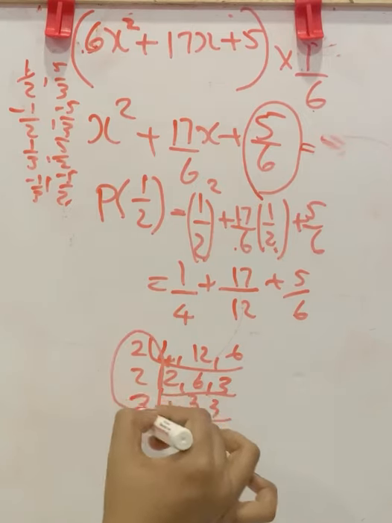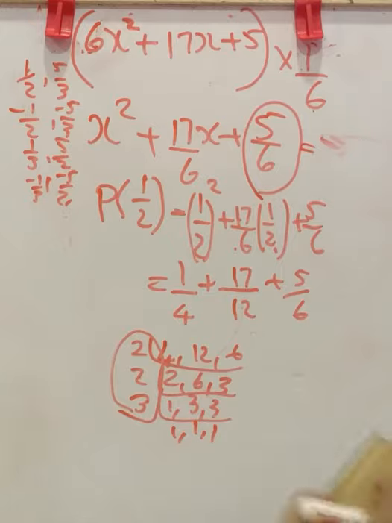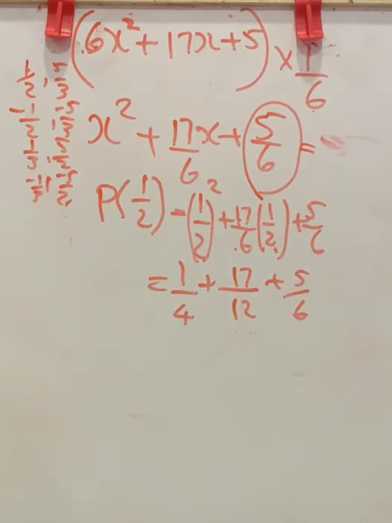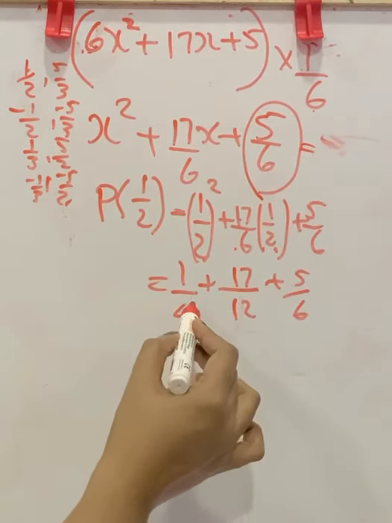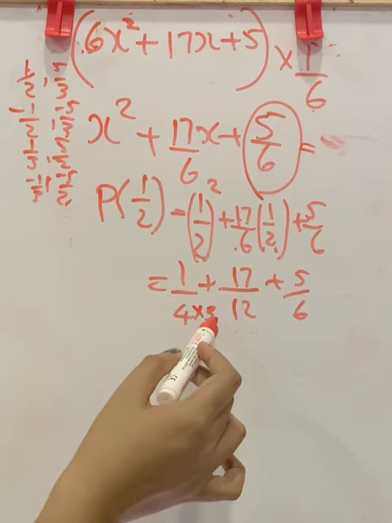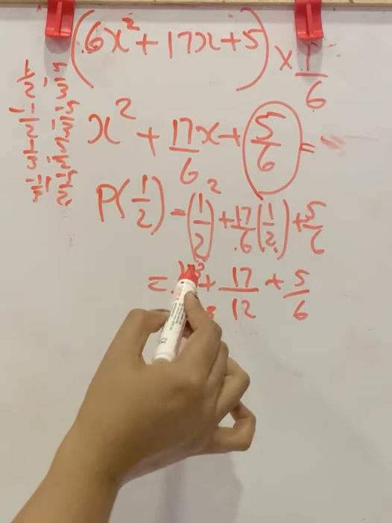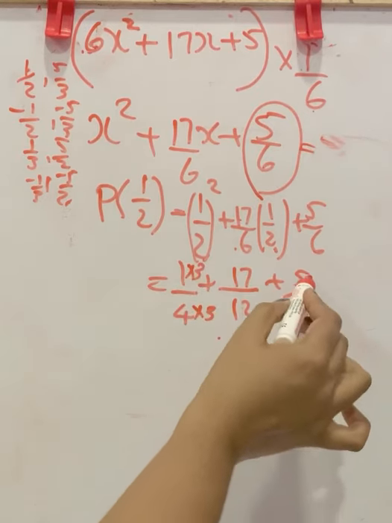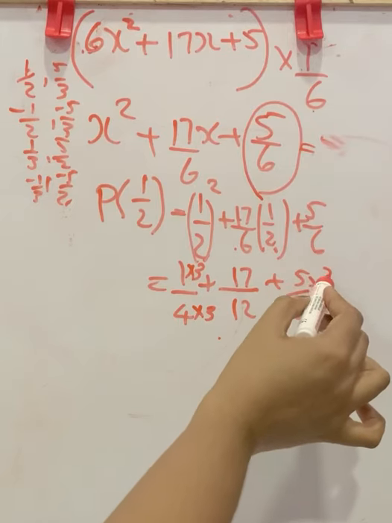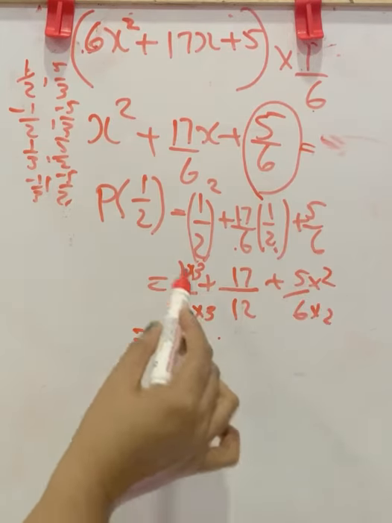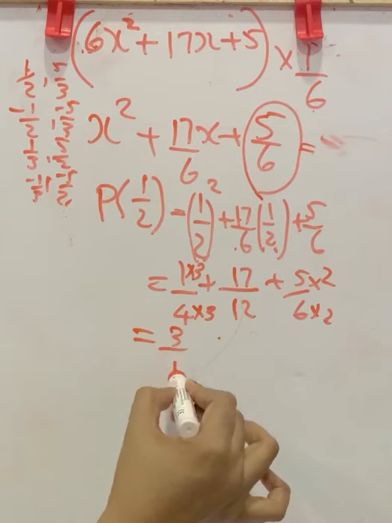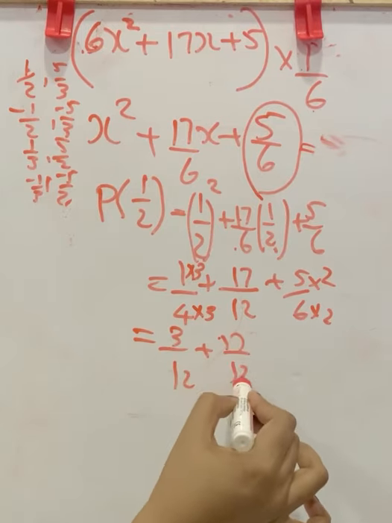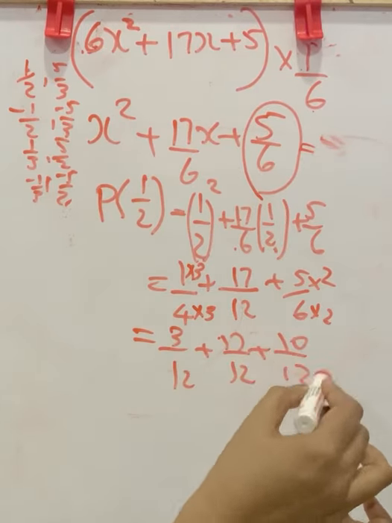Now the product of this, that is 3 into 2 into 2 is 12. So we don't want to make any change in this term. Here it becomes 4 threes to get the product 12, so here also into 3. Here it is into 2. This is 12, so here also into 2. Now the fractions are 3 by 12 plus 17 by 12 plus 10 by 12.